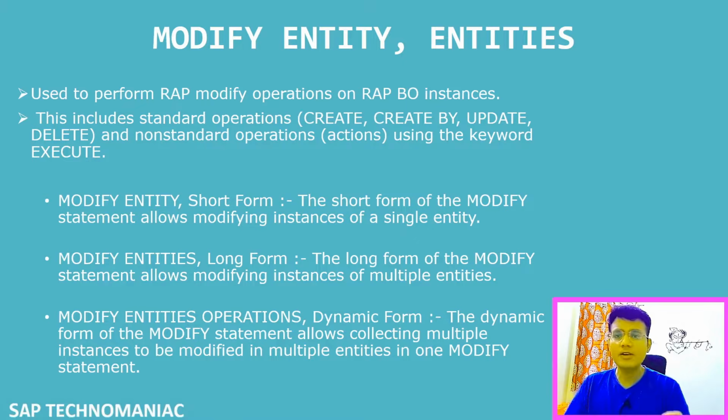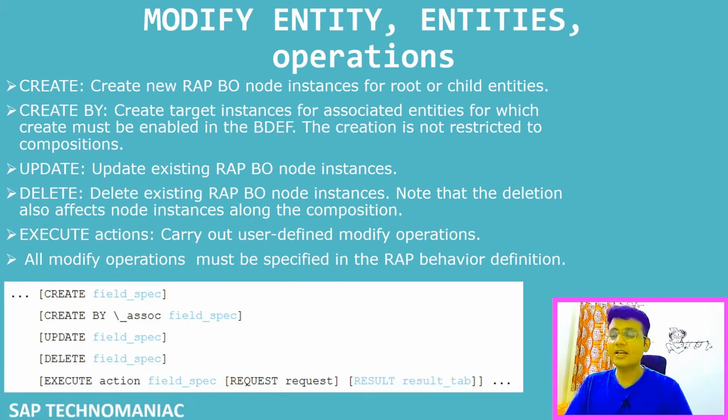The modify statement covers not only the normal modify, it also covers create, create by association, update and delete. Apart from that, we have execute, which will perform the actions and functions. Create will create the new BO, either the root entity or the child entities, based on our requirement.